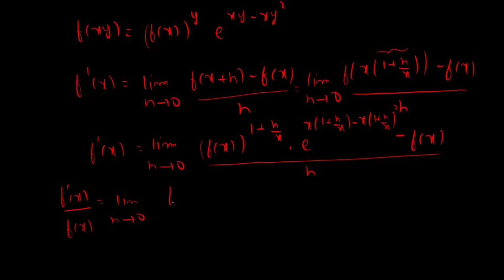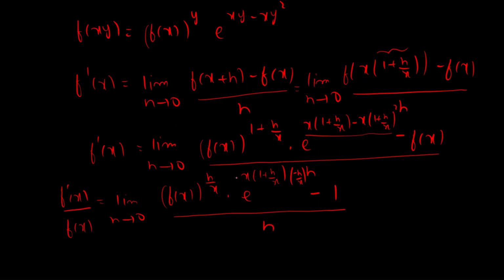We will be left with f of x power h by x into, if I simplify this part, I can take x times (1 plus h by x) common, and I'll be left with 1 minus (1 plus h by x), which is nothing but minus h by x, minus 1, divided by h. I can cancel the x here.